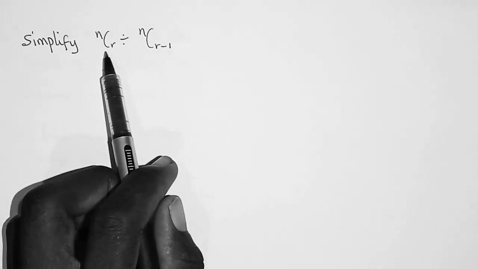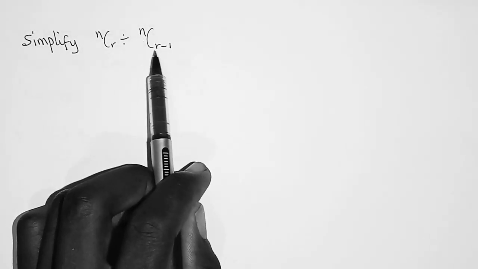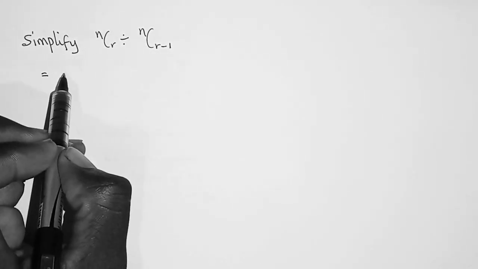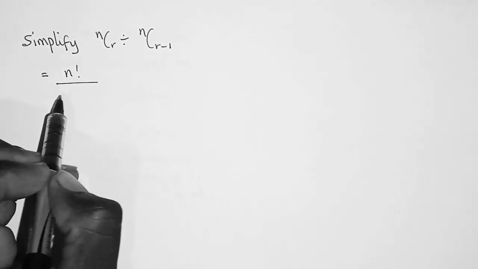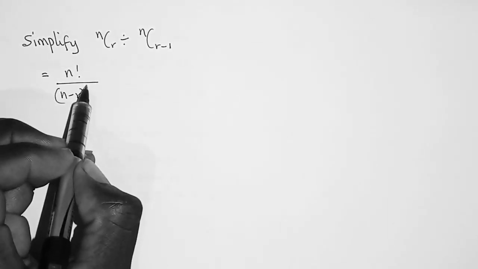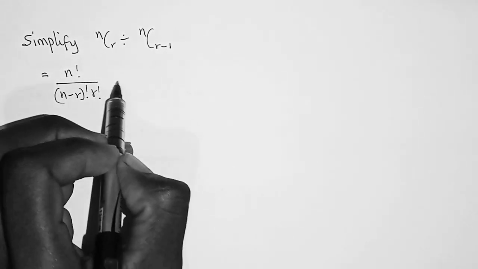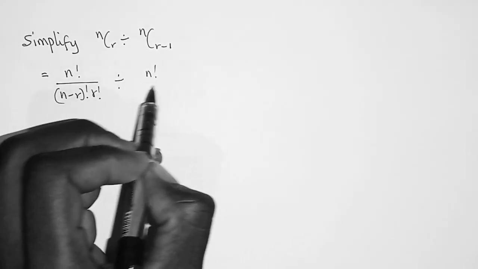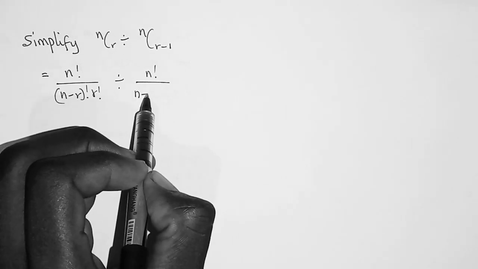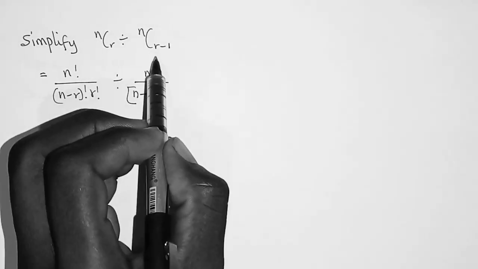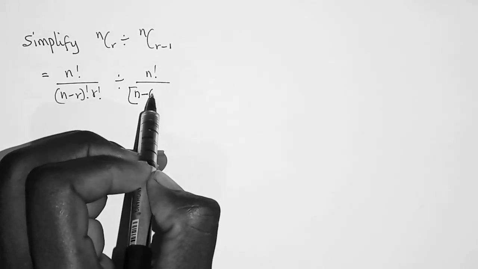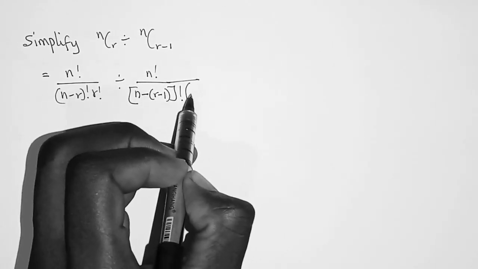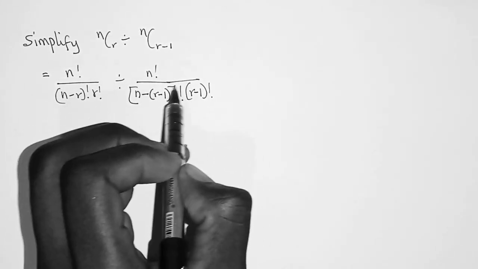So simplify n combination r divided by n combination r minus 1. So n combination r is the same as n factorial divided by n minus r factorial, r factorial. Then this divided by n combination r minus 1, which is n factorial divided by n minus into bracket r minus 1 factorial, then another bracket r minus 1 factorial.